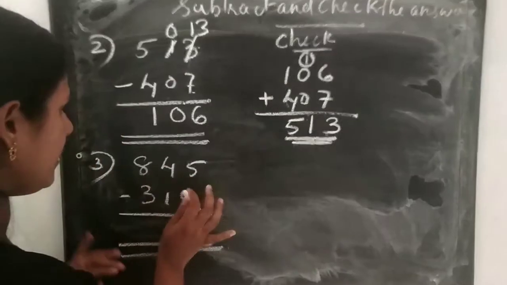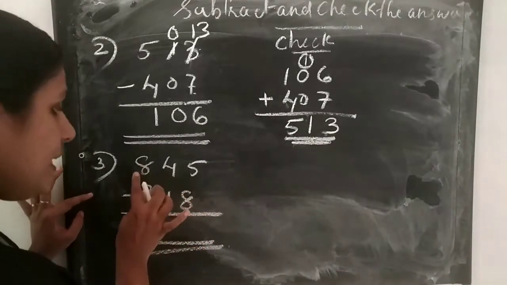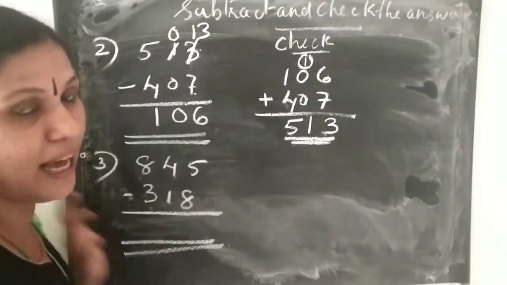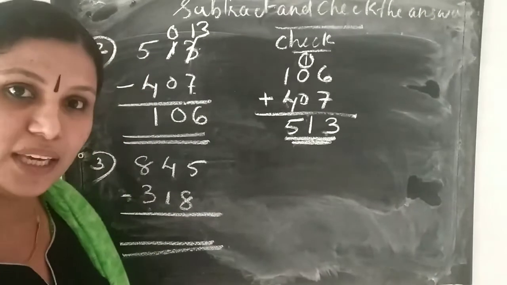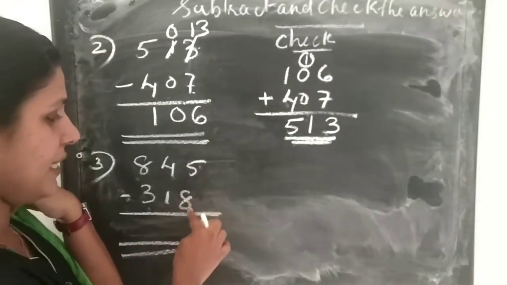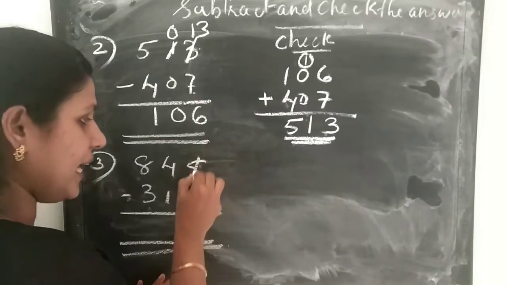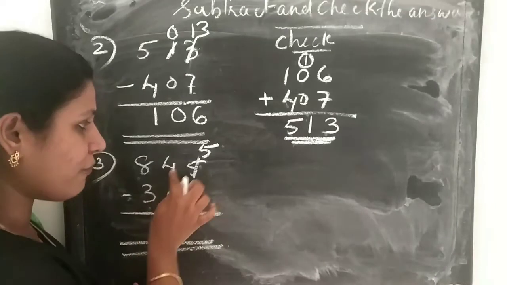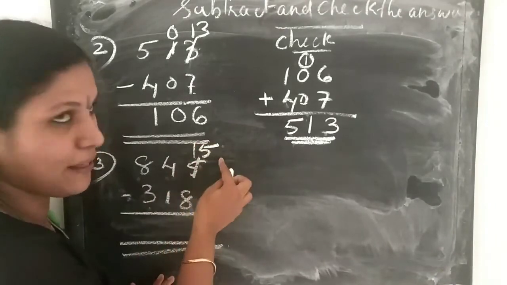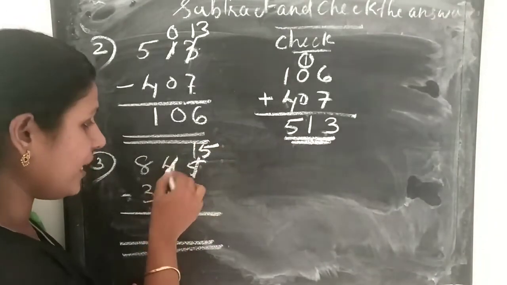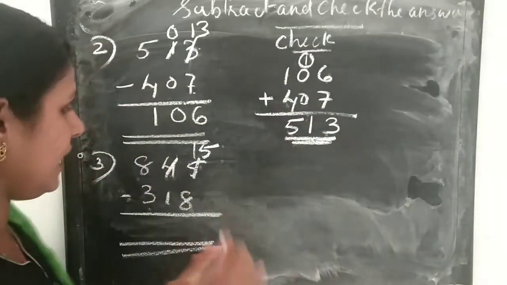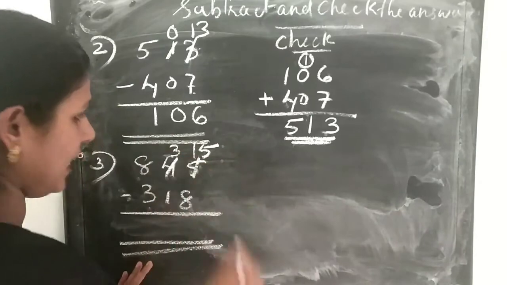Now we are going to the third question, that is 845 minus 318. First we have to find the difference. 5 minus 8, we can't do that. So we cut and write here 5, and borrowing 1 from here, we get 15. Now 4 minus 1 is what? 3. So here we write 3.